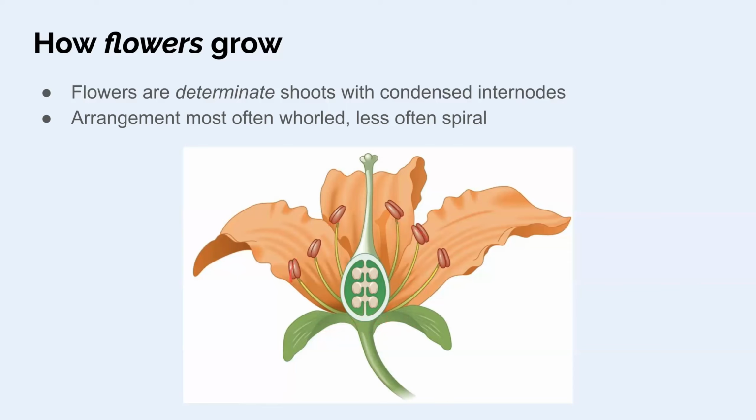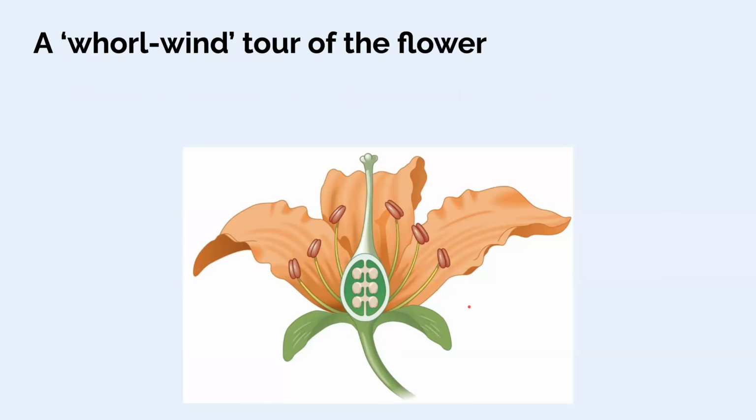A bunch of petals all coming out of the same place, whorled, a bunch of stamens all coming out of the same place. So this is a pretty typical flower. Obviously, this is a diagram from a textbook, but it's also something you'll see pretty similar across a lot of different flowers. So now that we've defined our whorls, we can take a whirlwind tour.